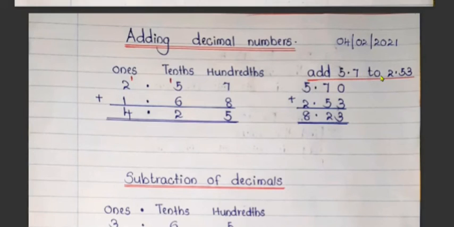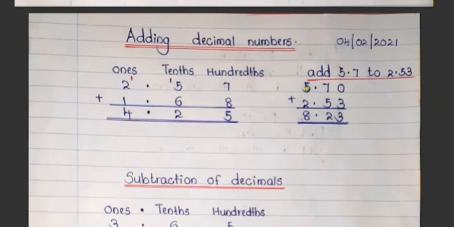Add 5.7 to 2.53. Children, 5.7. You can write 0 here because there is no value, if you write 0 here, right? 2.53, you can see all the decimal points are in one line, right? 3. 7 plus 5, 12.